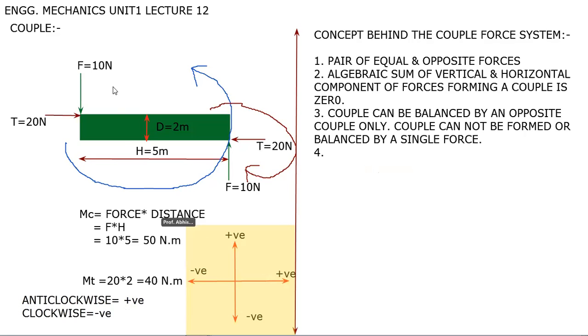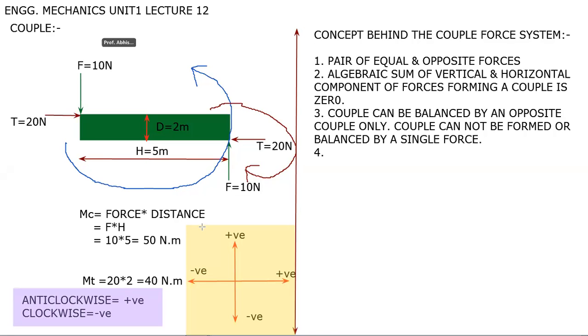You can assume the opposite also, but this will be easy if we assume only one sign convention. Remember this one sign convention only. We are going to follow it throughout: anti-clockwise couple is positive and clockwise couple is negative.